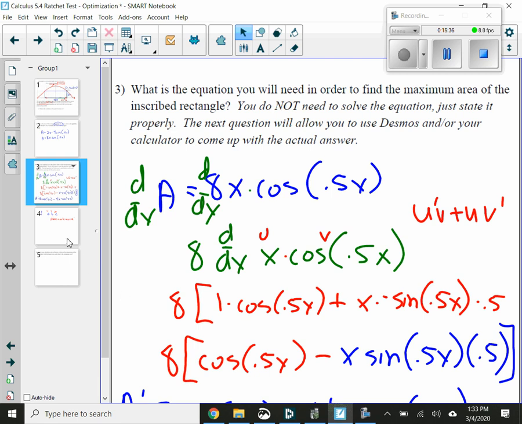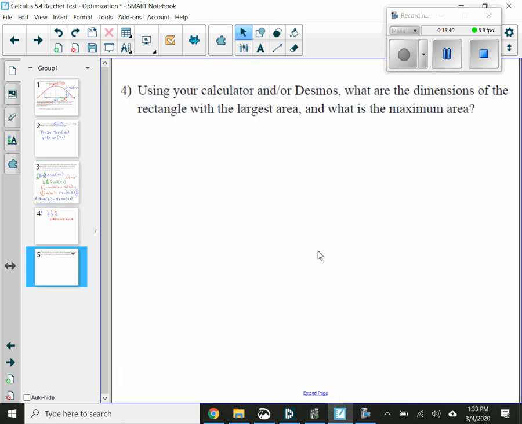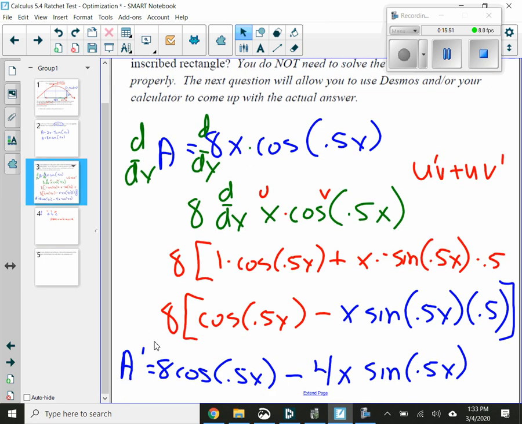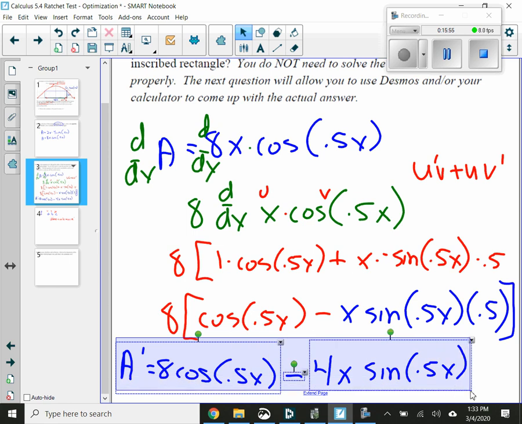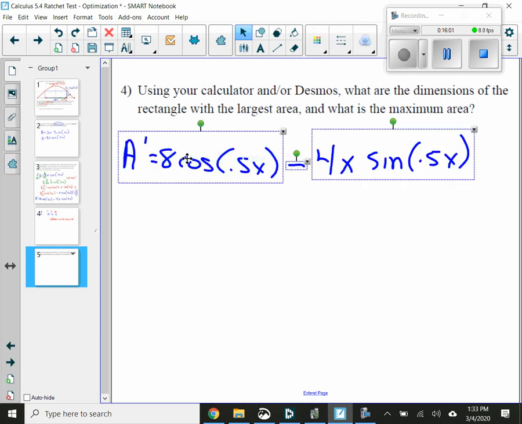The next step was use your calculator to solve it, because I didn't want you to solve that problem. Let's write it up here. Let's write the derivative here. So here is my derivative right here. Control C. And if I go here and I go Control paste, okay.